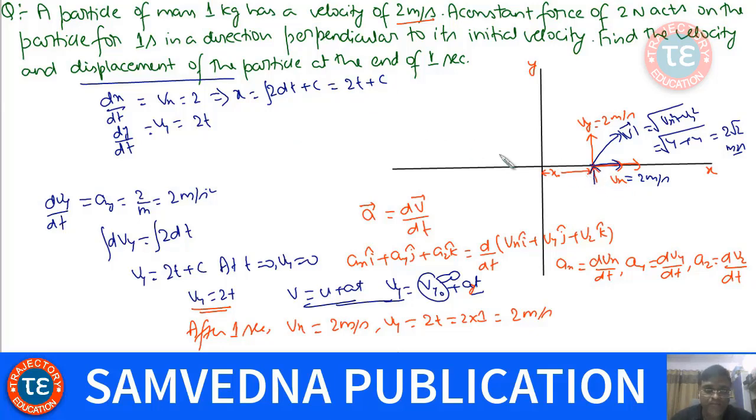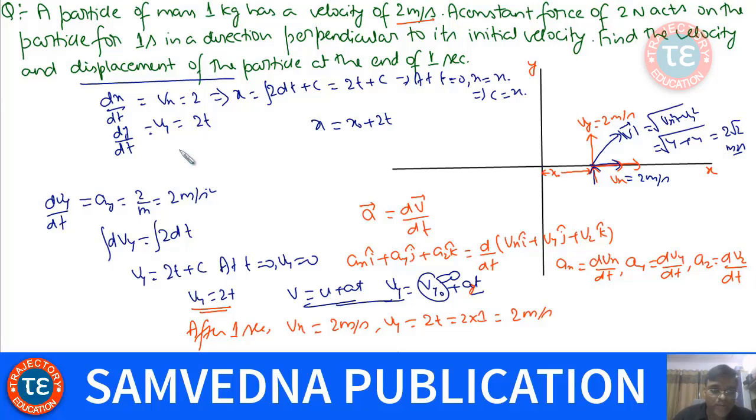And suppose the value of x is x naught at t equal to 0. We started from here. So at t equal to 0, x is x naught. So that gives you what? Or you could have taken origin also, but I have been more general, so I have taken this point. So this x is x naught plus 2t.